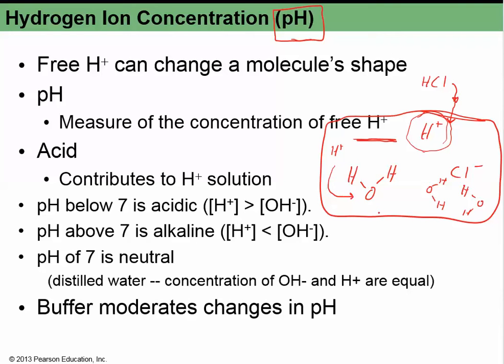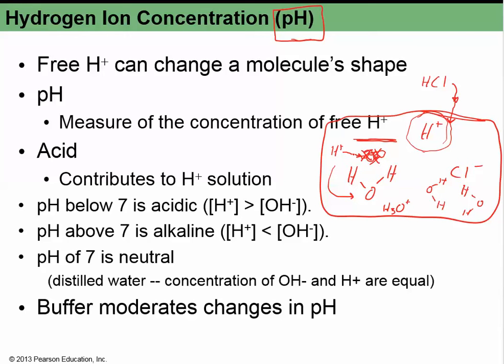So it might actually join up with a water molecule and make something called H3O, which is going to have a positive charge. The problem is, and this is why it's so important for the body to regulate pH, what if you have a protein in here that's doing something, an enzyme or something like that, and that hydrogen joins up with it? All of a sudden, that protein isn't going to work as well.